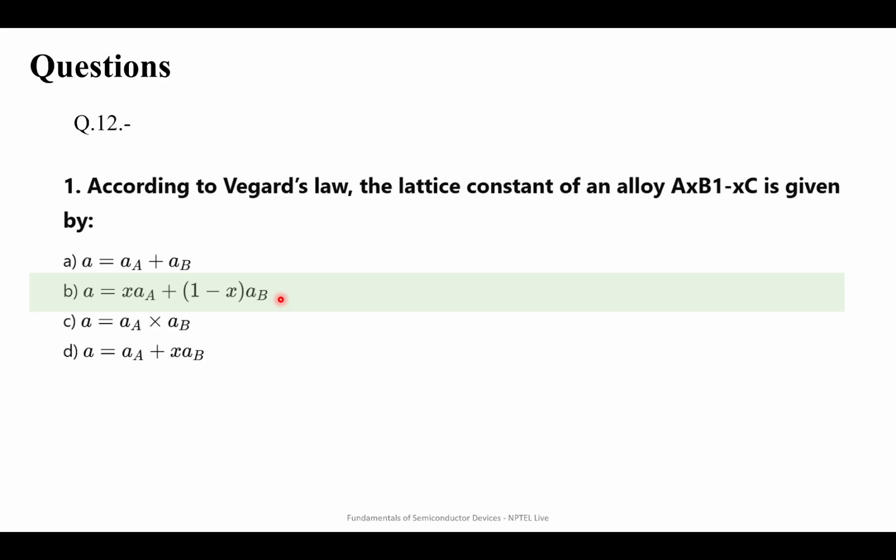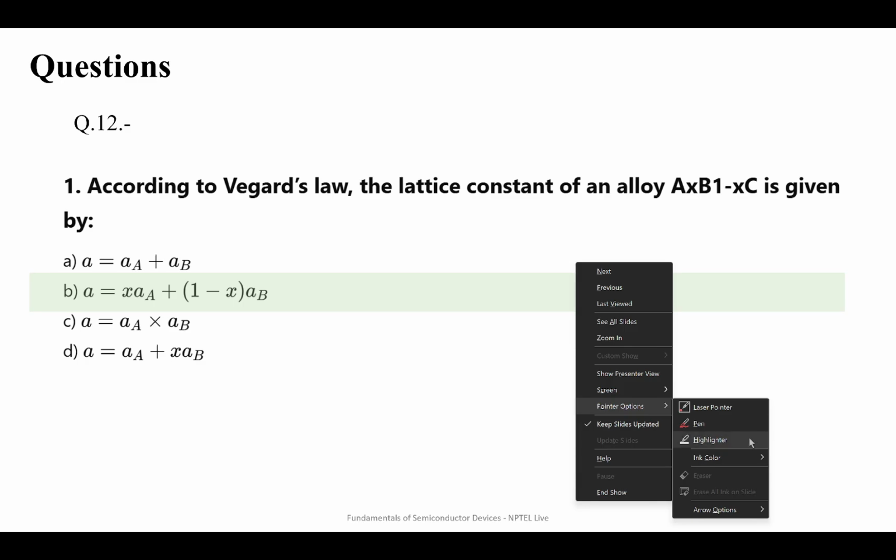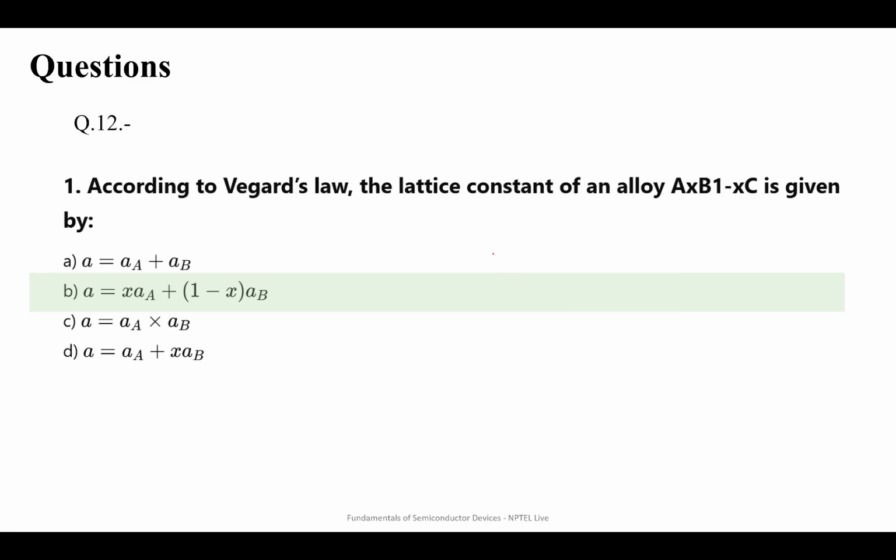Sir, can you explain once more, sir? Yeah, so let's say I am taking 0.3 moles of AC, and my other is BC.